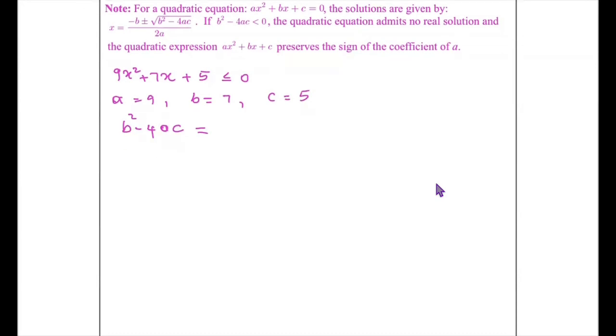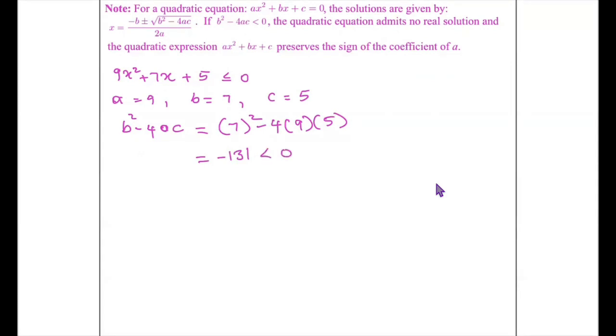Now, b squared will be 7 squared minus 4, a is 9, c is 5. So b squared minus 4ac equals negative 131, which is less than 0.